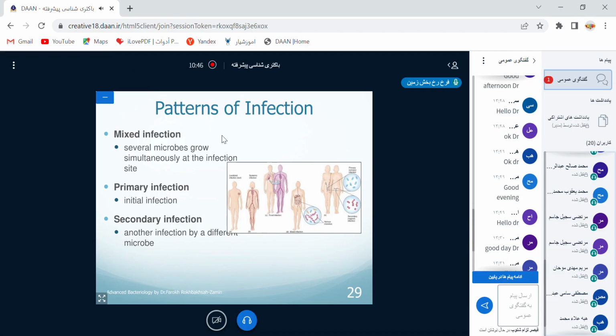If you remember, last time we were talking regarding mixed infection. So sometimes the causative agent of one disease is one microbe, and sometimes in some diseases two or several microbes are present.